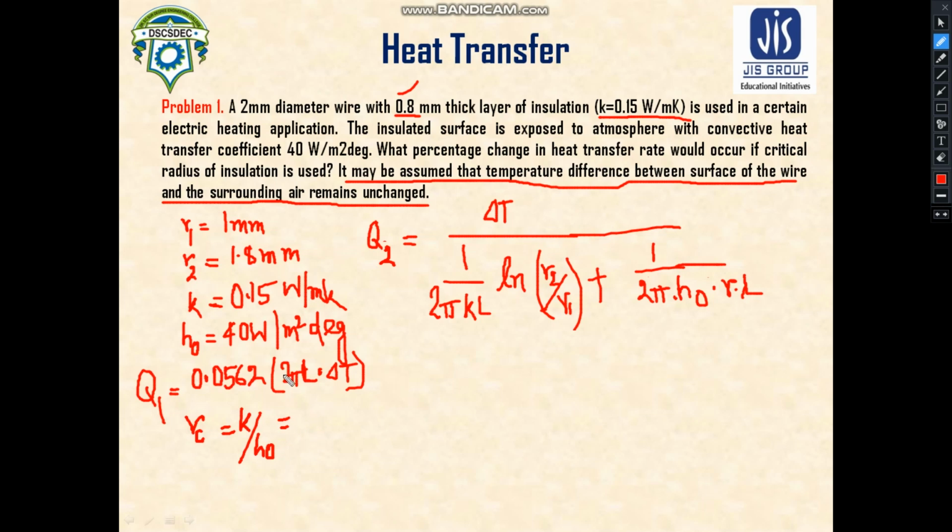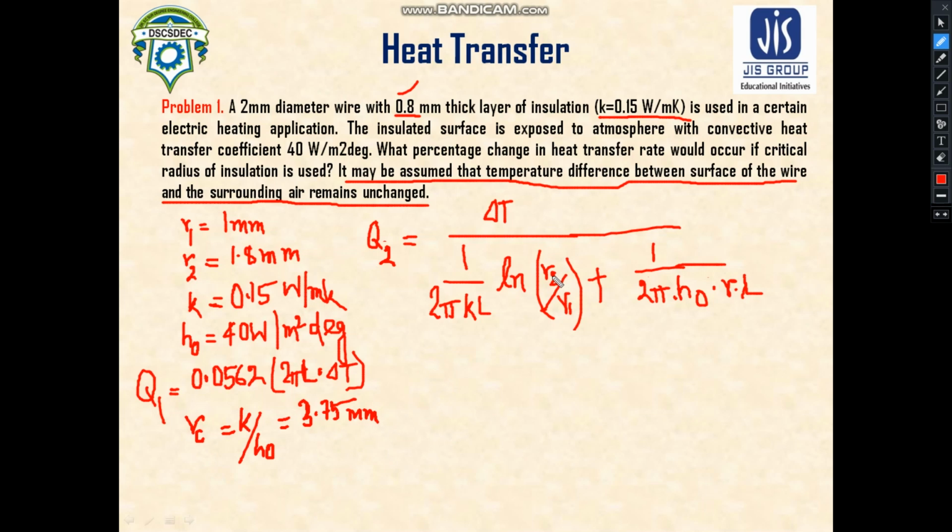So it would become 0.15 divided by 40, and ultimately you will find this value as 3.75 millimeter.